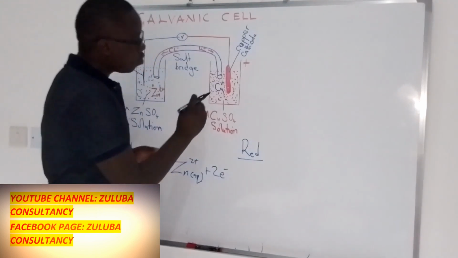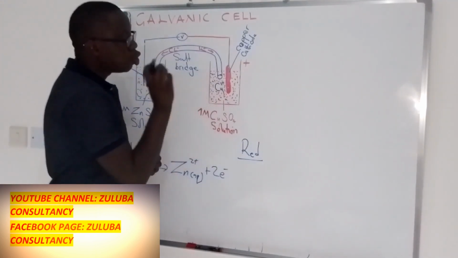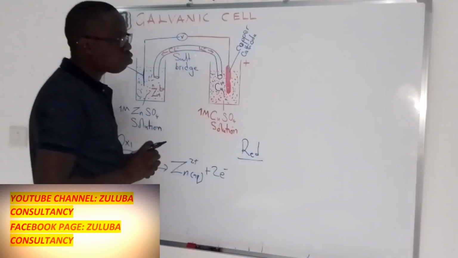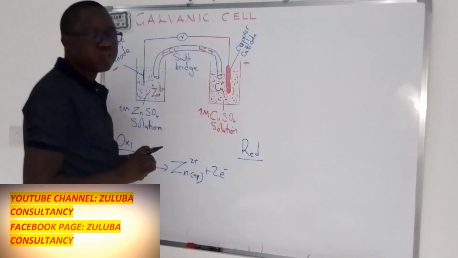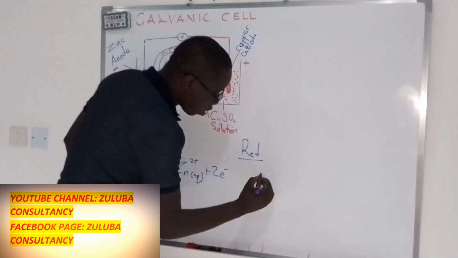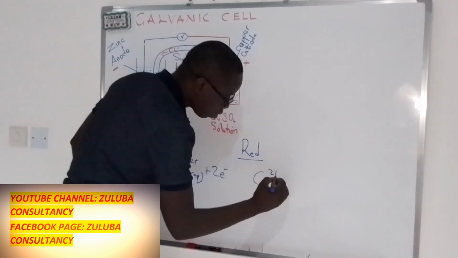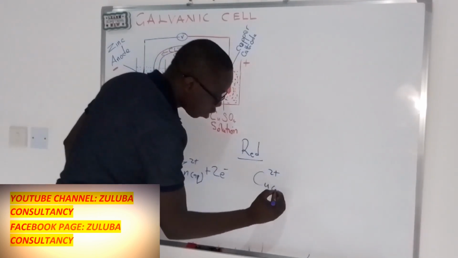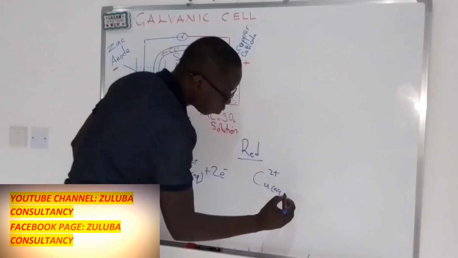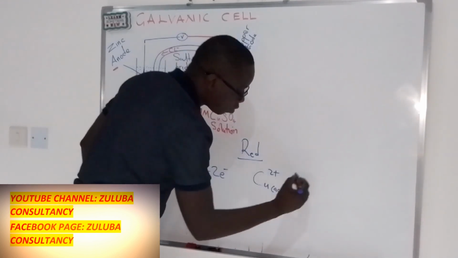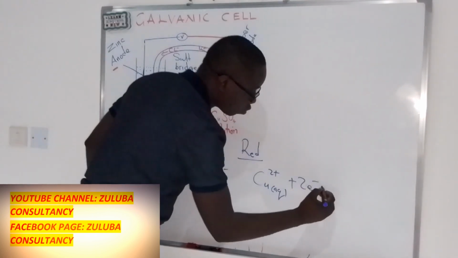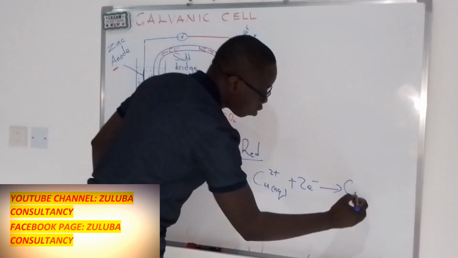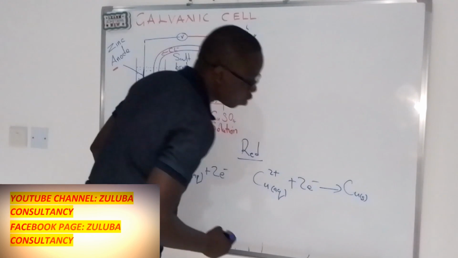So this simply means the copper ion should gain the electrons to become copper solid. So we are simply saying the copper ion, which has a +2 charge, in aqueous state, is gaining 2 electrons to become copper solid.